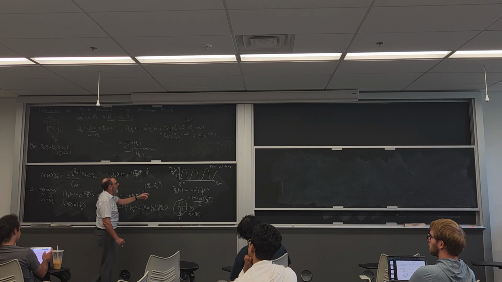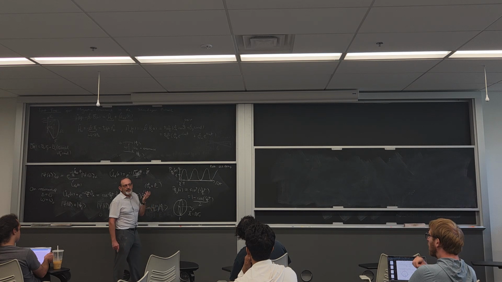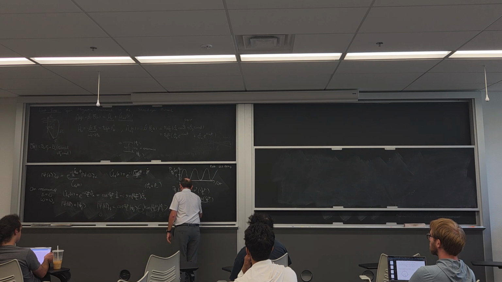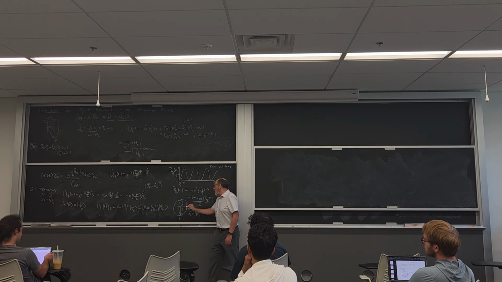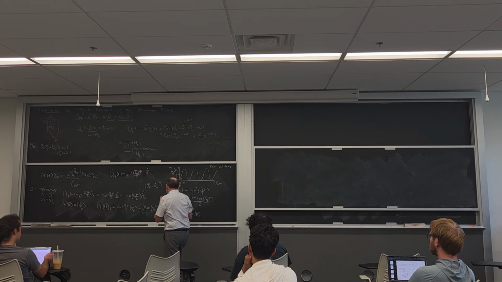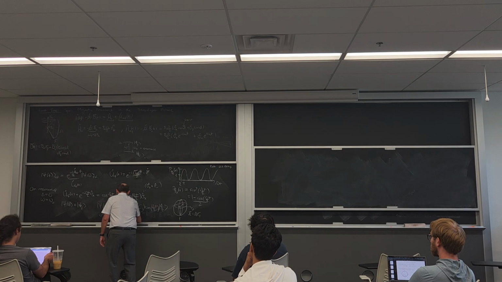And at this time, I have an equal superposition of being in the ground and the excited state. That's a pi over 2 pulse, and that would correspond to rotating this thing and putting the Bloch vector in the equator, on that pole. And when that's pi over 2, then this is pi over 4, then this becomes 1 over root 2 spin down along z minus i 1 over root 2 spin up along z.